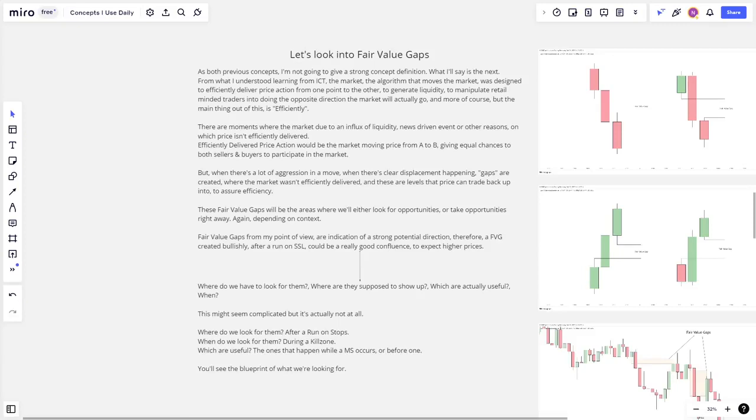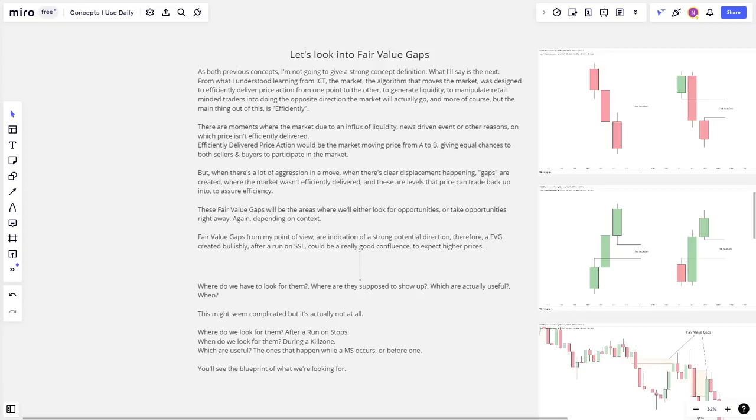So there are moments where the market, due to an influx of liquidity, a news-driven event, or simply other reasons, doesn't deliver price efficiently. Efficiently delivered price action will be the market moving price from A to B, giving equal chances to both sellers and buyers to participate in the market.